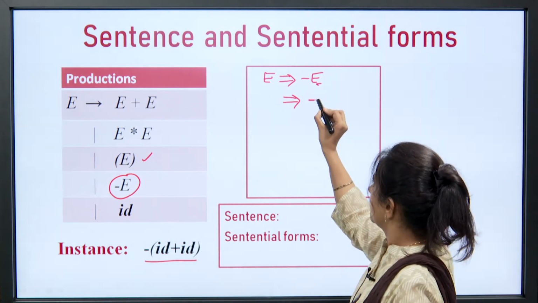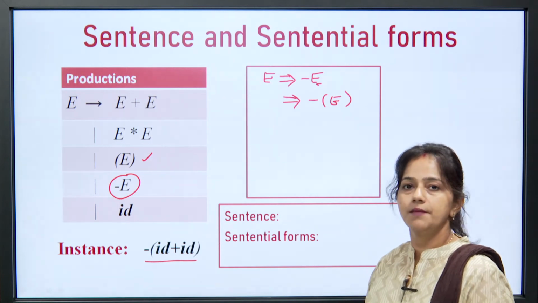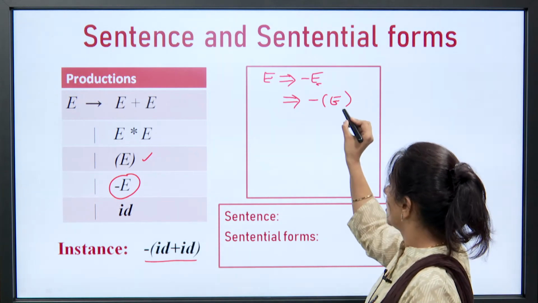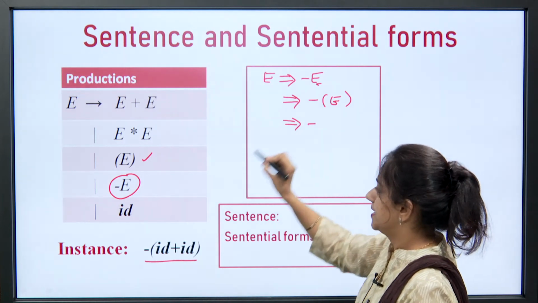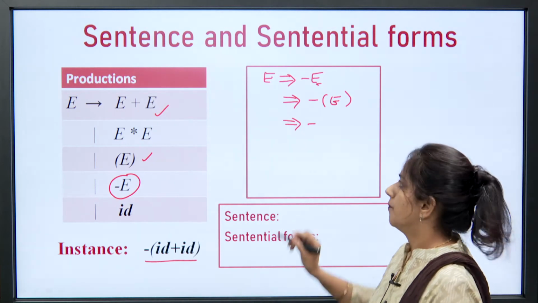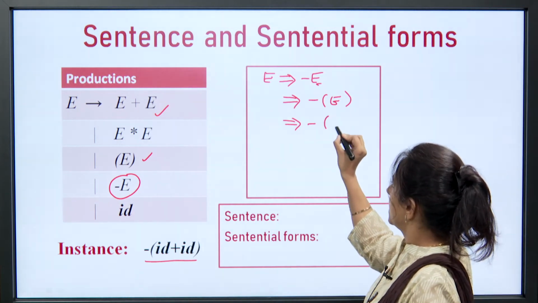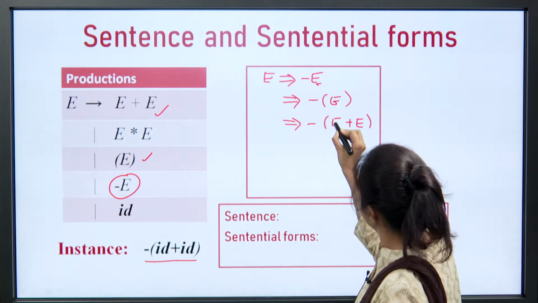So, here we will write minus, then parenthesization of E. Now, again we have this non-terminal. This E should be replaced with the first alternate now. So, minus opening parenthesis E plus E and closing parenthesis.